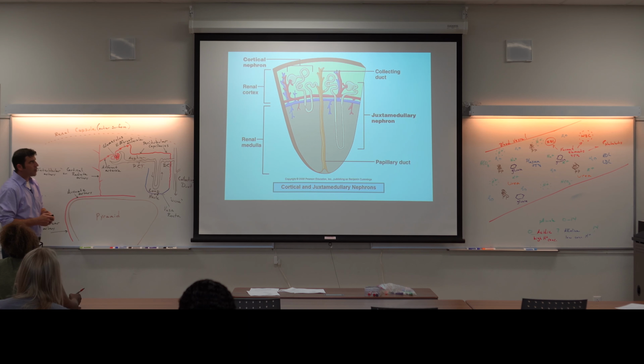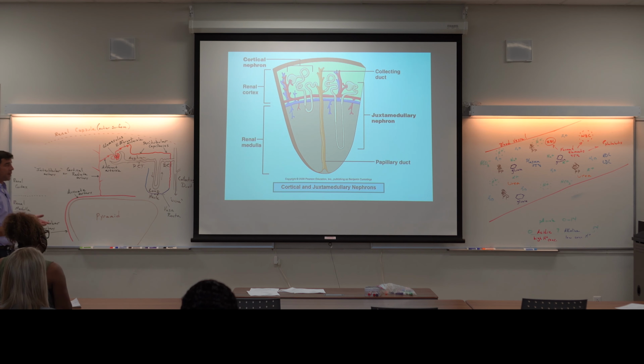Most nephrons are cortical nephrons, and let me say this, depending on what mammal species you are, you have a different number of either cortical nephrons or juxtamedullary nephrons. These juxtamedullary nephrons are the ones that have really long loops of Henle.